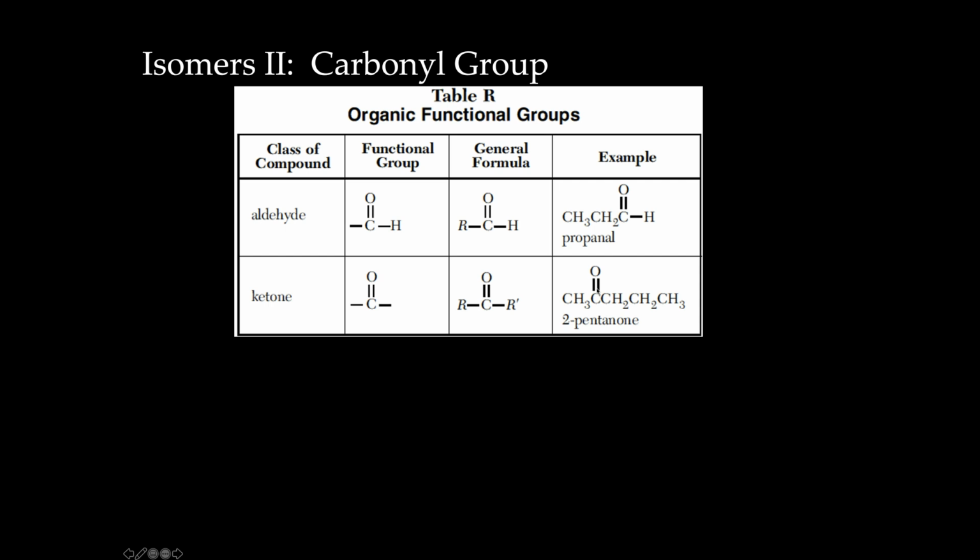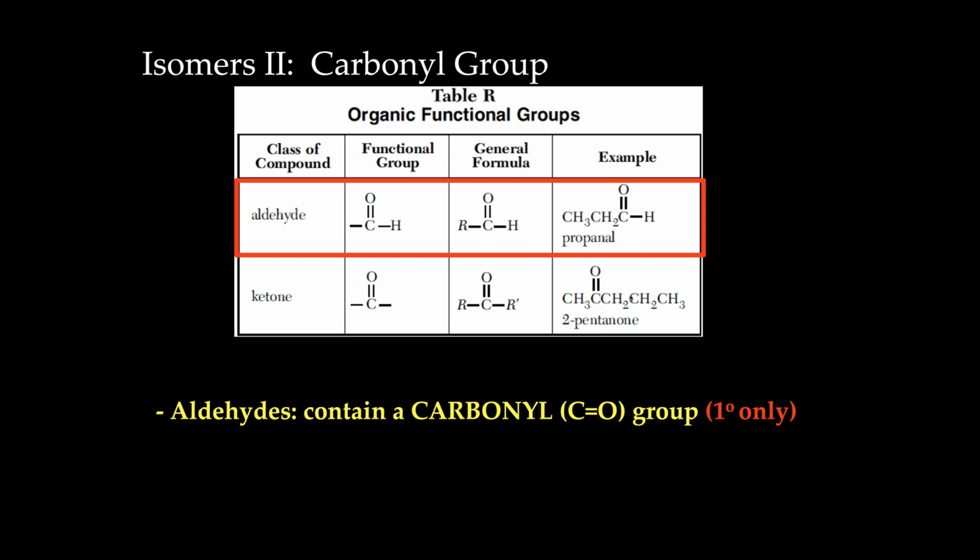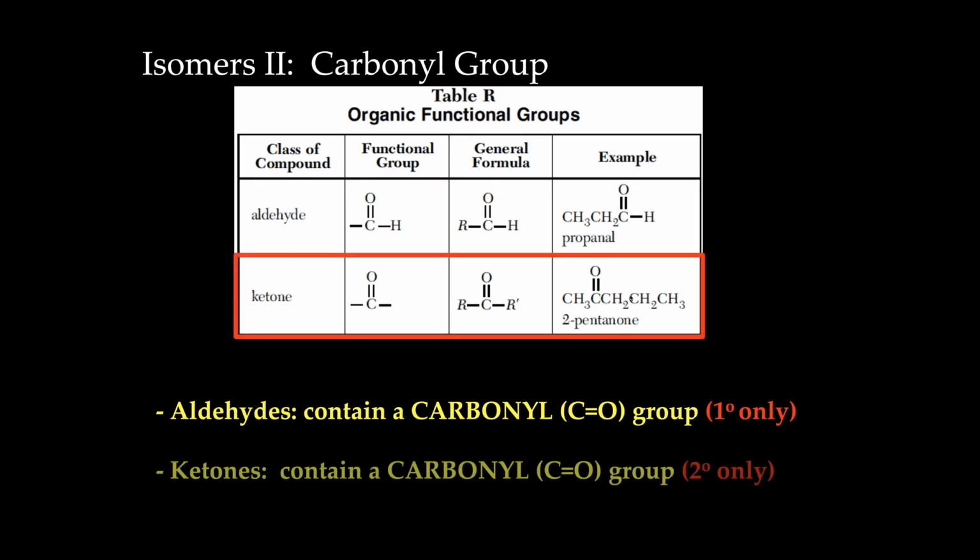And this will actually make a difference in their properties. Aldehydes are more polar. Ketones are more nonpolar. So aldehydes contain a carbonyl group on the end, and ketones contain a carbonyl group in the middle. Not between the carbons, but on a secondary carbon.